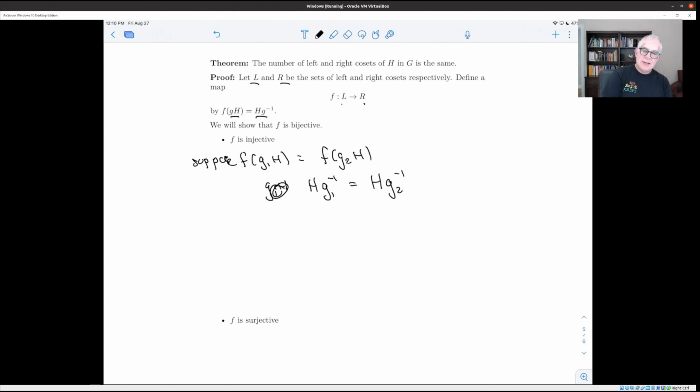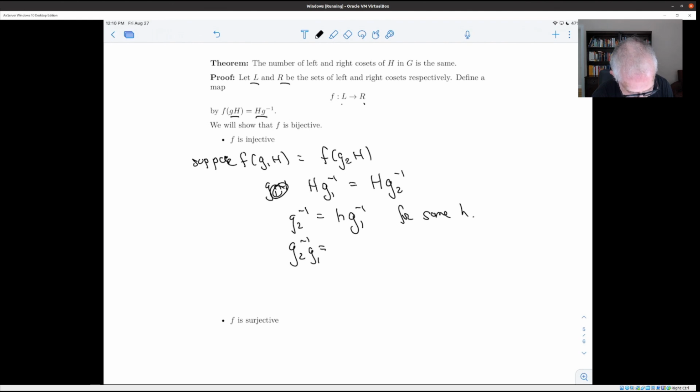And the only way two cosets can be equal, that means that G2 inverse has to equal HG1 inverse for some H. And now let's multiply both sides of this equation on the right by G1 to get G2 inverse times G1 equals H. And then let's multiply on the left by G2 to get G1 equals HG2.